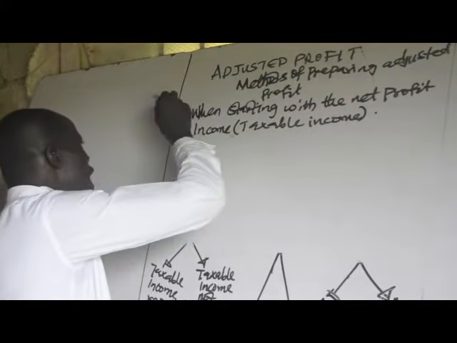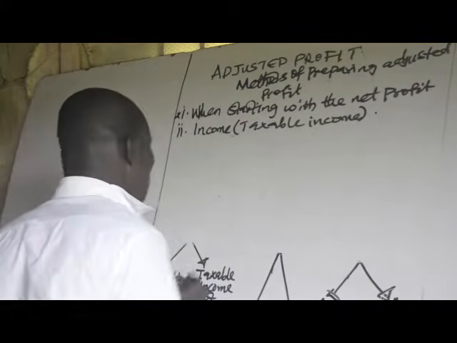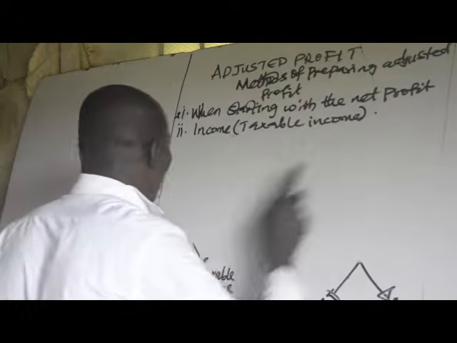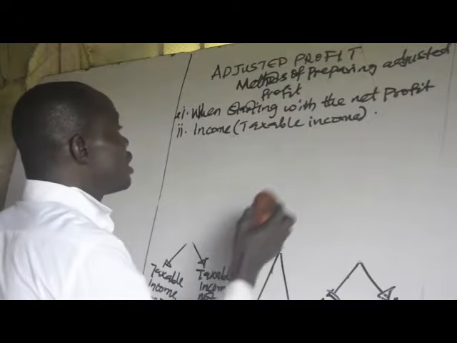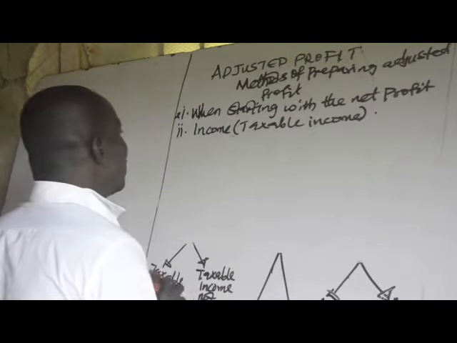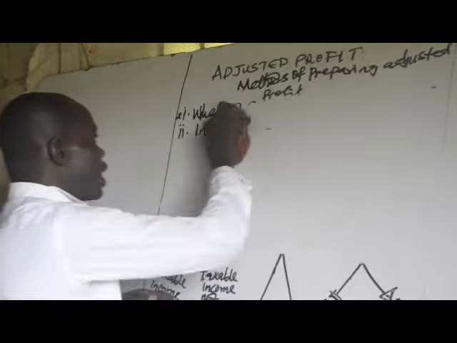I'm going to consider the first method in this video, while the second method will be considered in the next video. So I want to start with when starting with the net profit reported in the account.